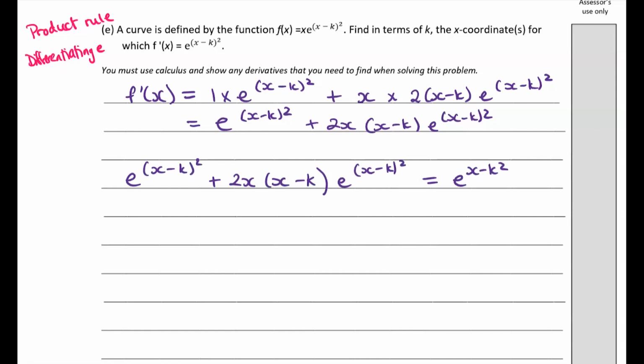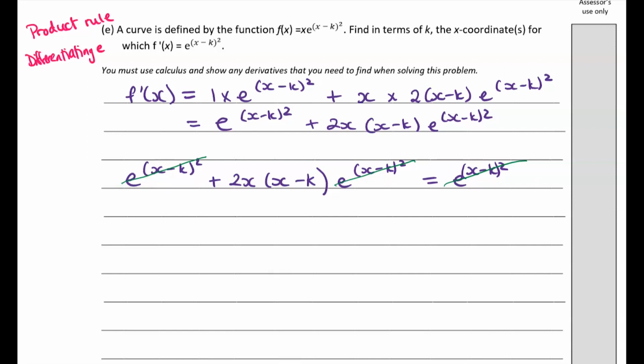Now it looks horrendous. It's not actually all that bad because we can divide through by, oh, I missed a bracket there, e to the x minus k squared. So if we divide through by each of those, we can divide there, divide there, divide there, and we're just left with a 1 and a 1 on that side.